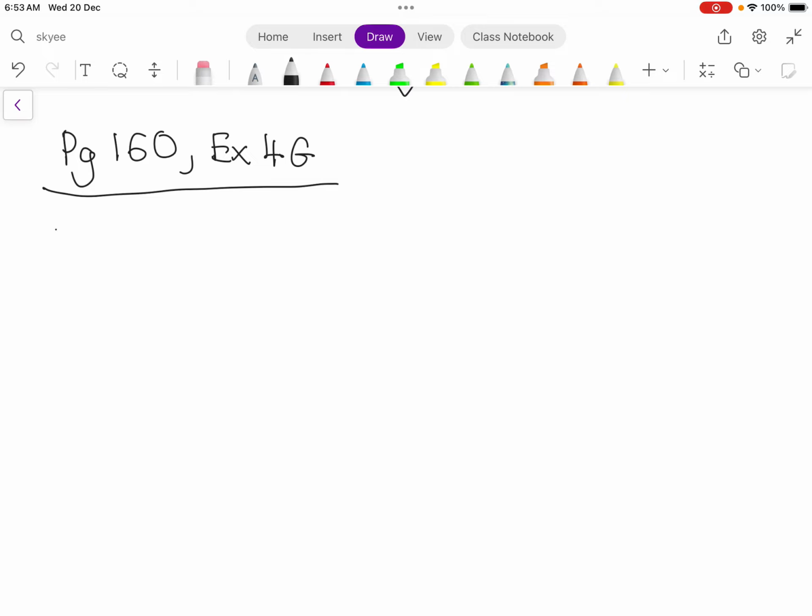So question 1a. You have to evaluate this line integral of vector field.